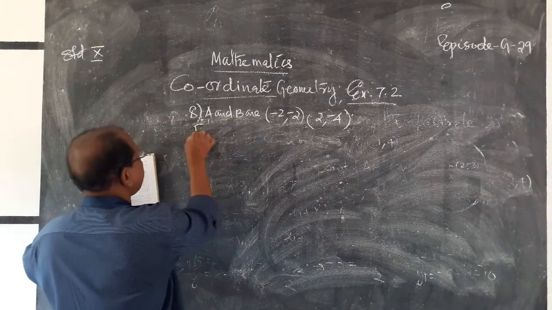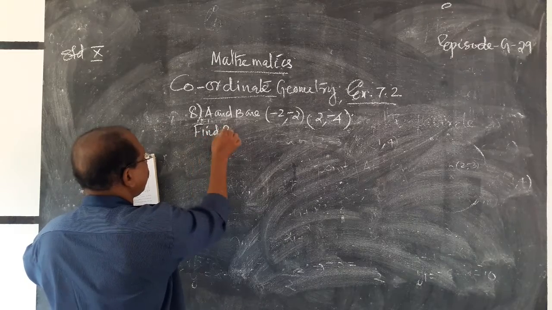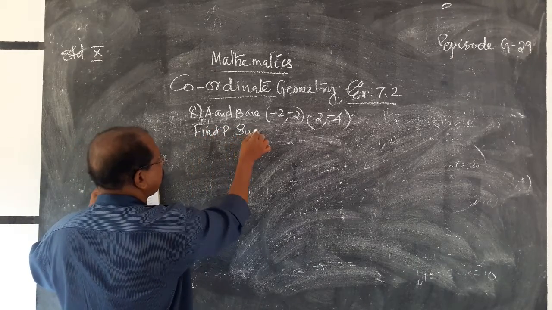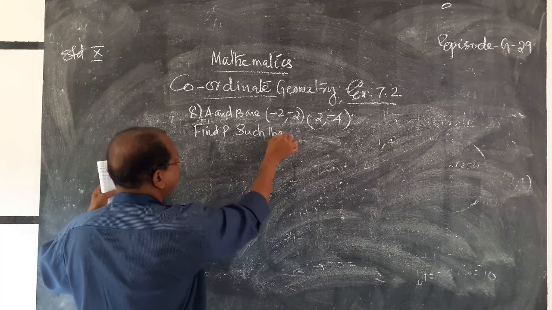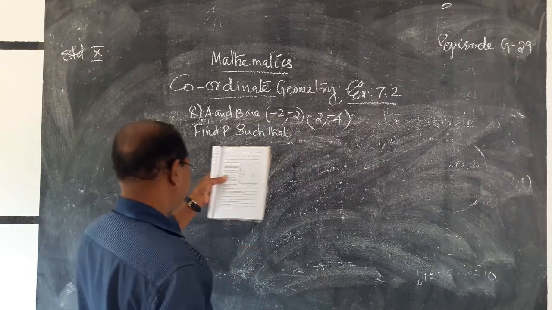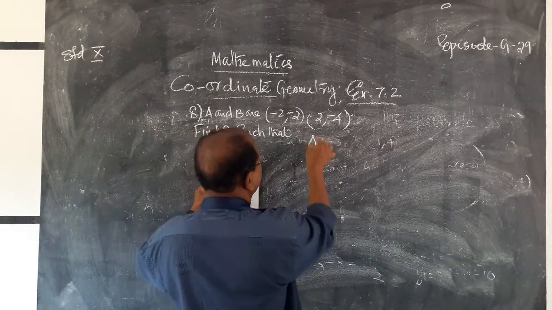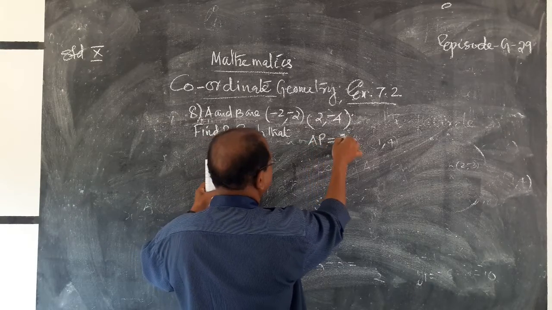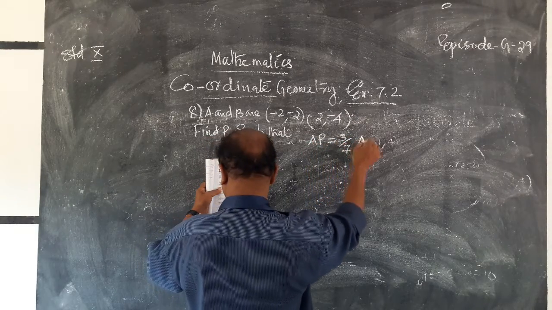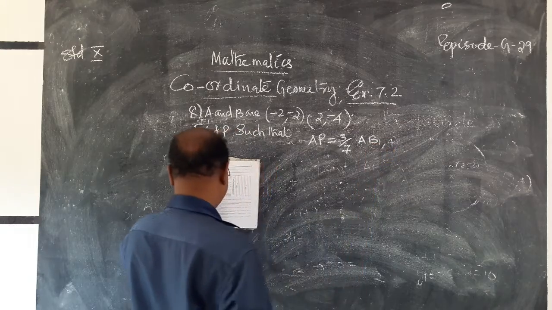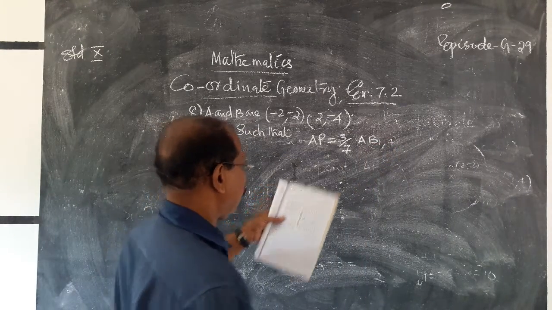Find P such that AP is equal to 3 by 7 of AB.